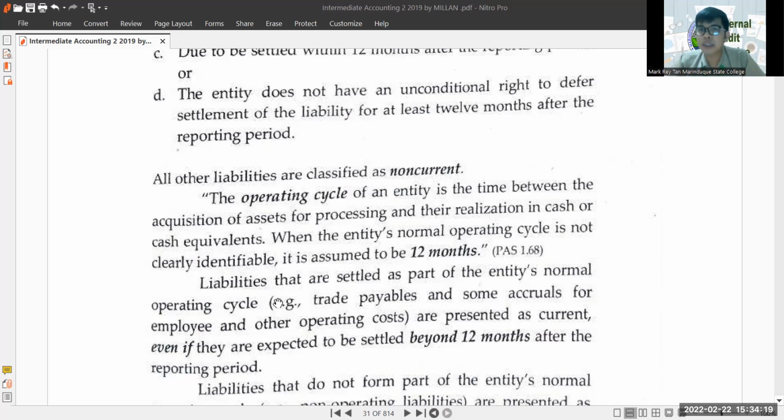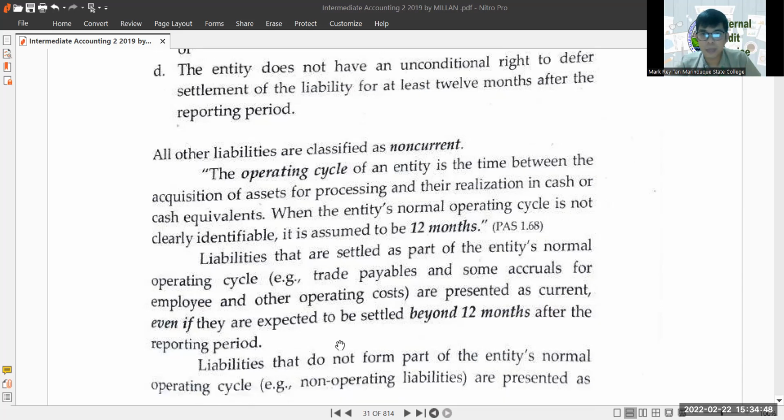So, basta may nakita kang word na trade, kahit po more than 12 months yan, that's current liabilities. Accruals, also current liabilities. And operating costs. Ibig sabihin, kaya nga may word na operating, that's for operations, which is part of the operating cycle. Yan, are presented as current, even if they are expected to be settled beyond 12 months after the reporting period. Okay?